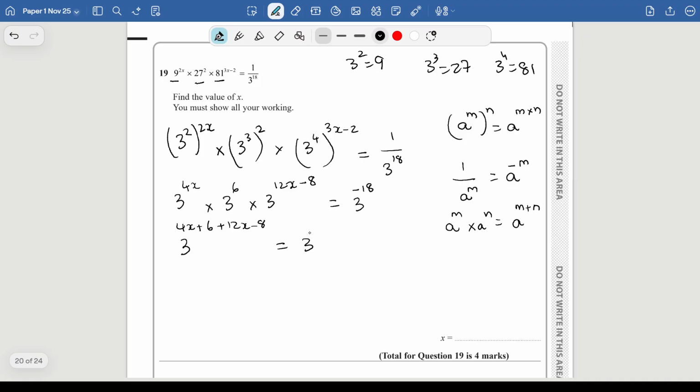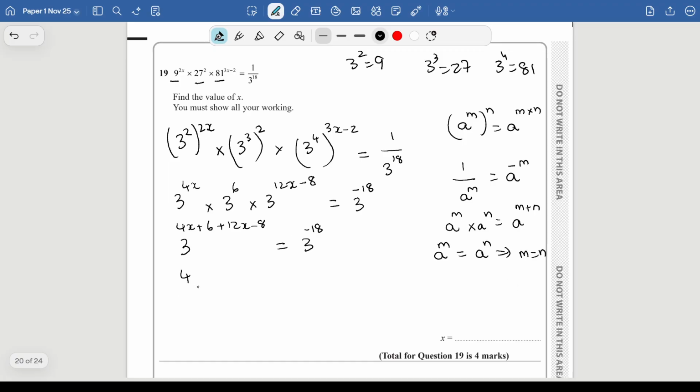This is equal to 3 raised to negative 18. Here we see the same bases and an equal sign in between, so we can equate the powers. This comes from the rule: a raised to m equals a raised to n implies m equals n.